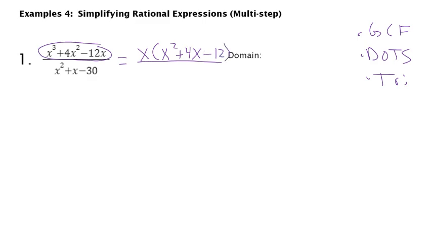And then I'm going to go one line down because I didn't do the bottom yet. And then when we look inside the parentheses, we can factor that a little further. So it ends up being a trinomial as well. So factors in this case of -12 that add to +4, that's going to be 6 and -2.